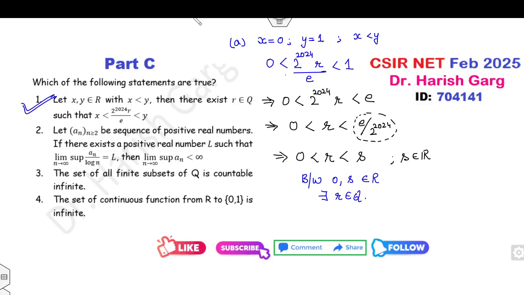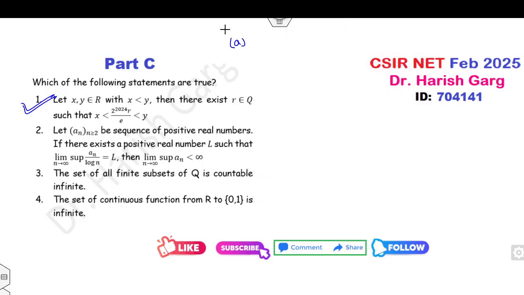There is one more method by which you can prove that. Instead of taking x as 0 and y as 1, we all know that whenever x is less than y, I can multiply both sides by e. So e^x is less than e^y because e is a positive number. I can divide both sides by 2^2024 because this is a positive number.